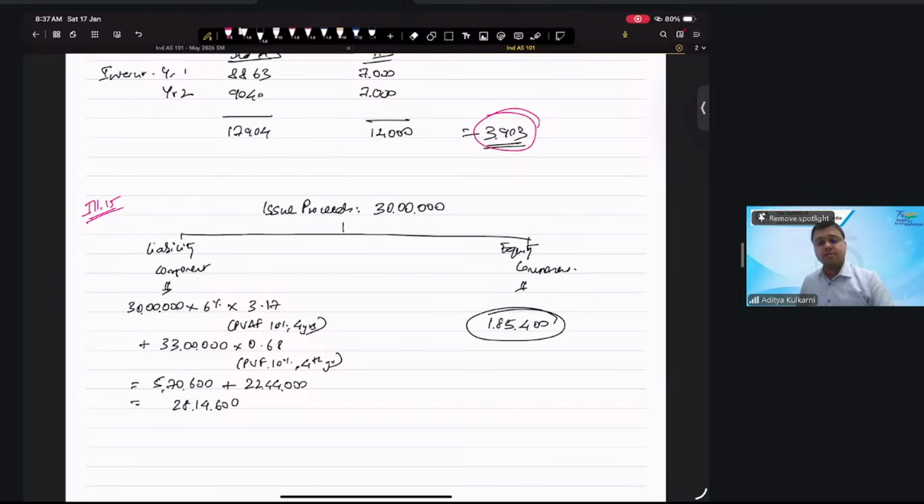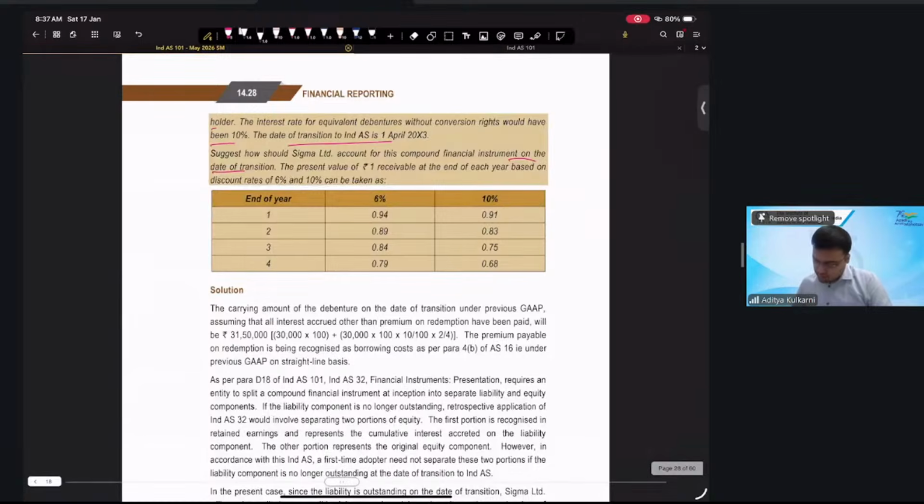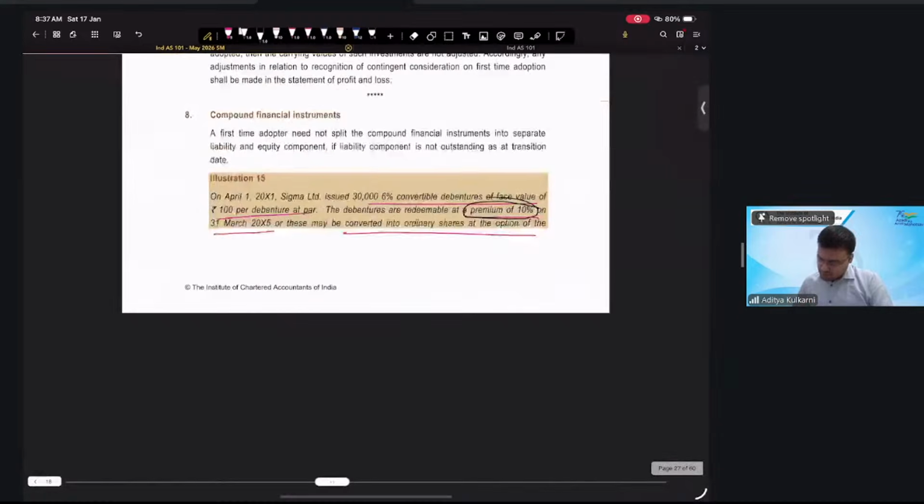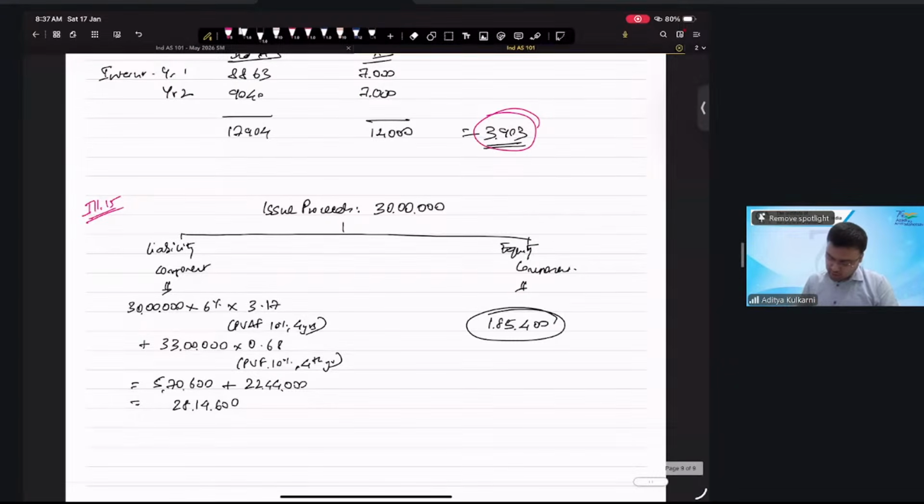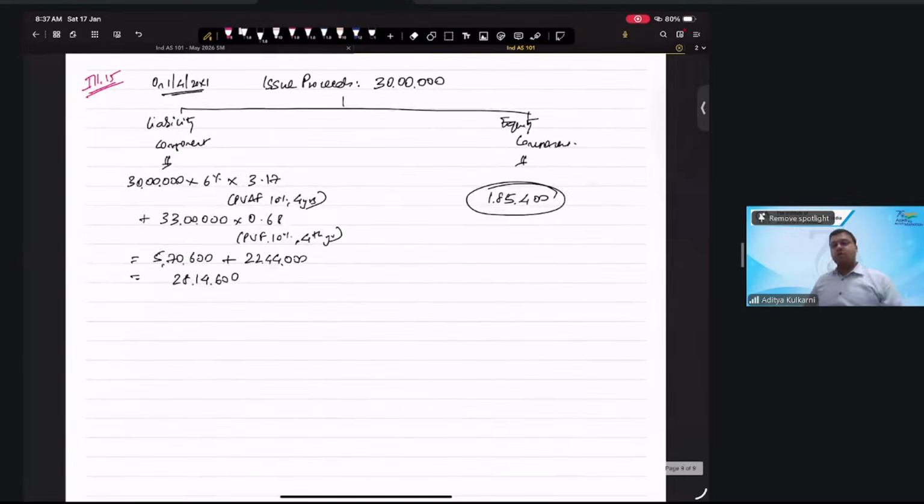Are we okay with this? All right. So this is your value on 1st April 20X1. Date of transition is 1st April 20X3. That means after 2 years.